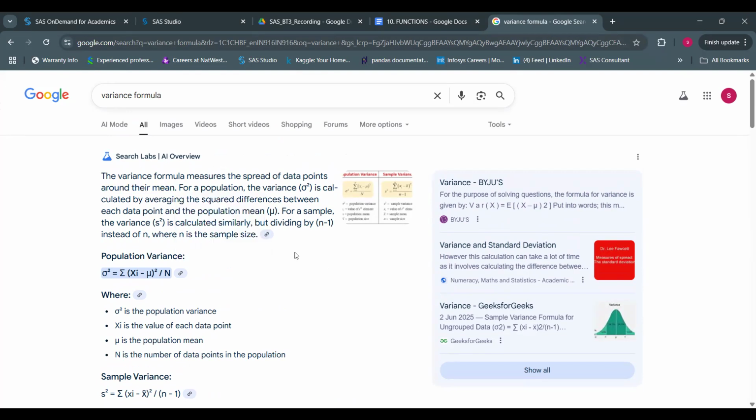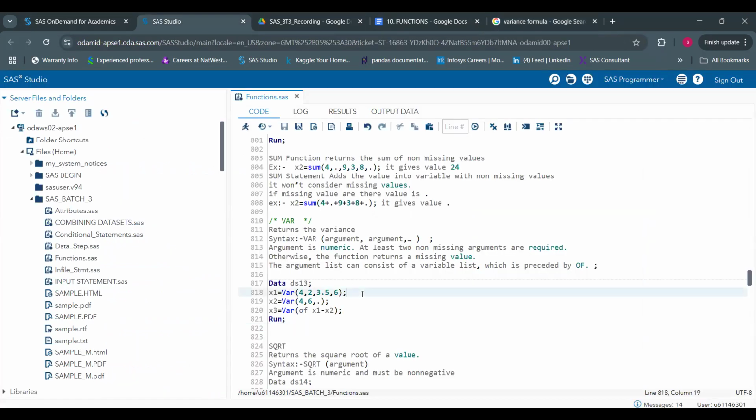If you just calculate the mean here, which will be around 3.8. So what is the variance?